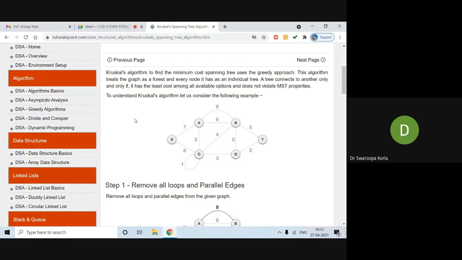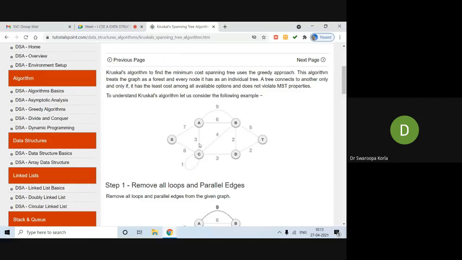You will be able to understand this definition if you practice one example. Let it be like that. Up to now, Kruskal algorithm is used to find out the minimum cost spanning tree, and it uses the greedy approach. And this minimum cost spanning tree, MST, should represent the edges with the minimum value compared to all the other edges.